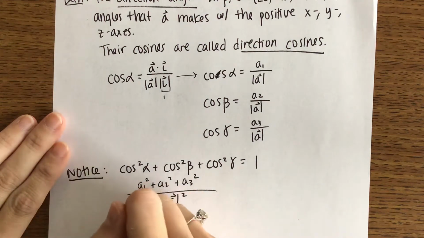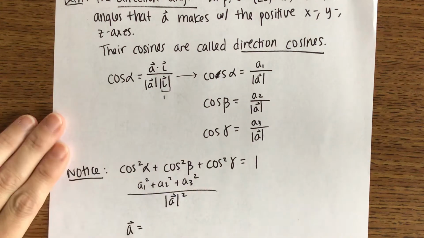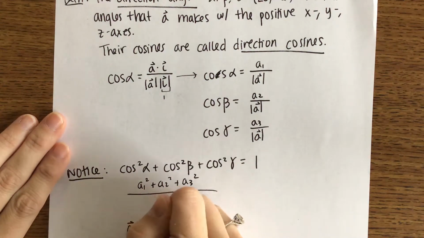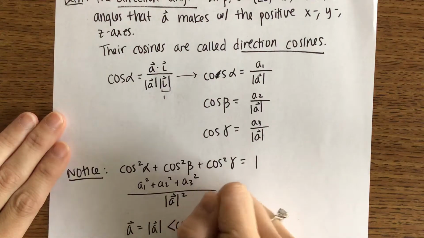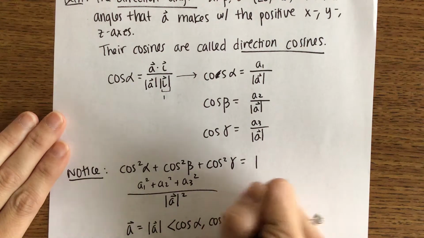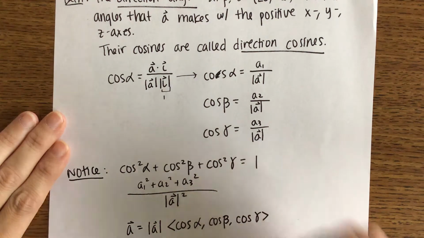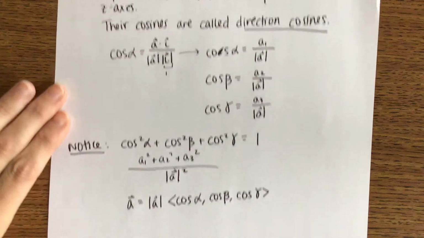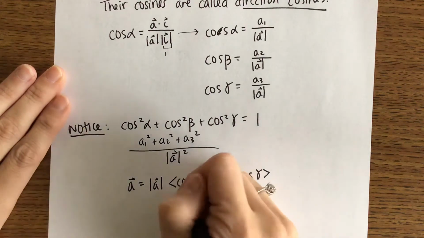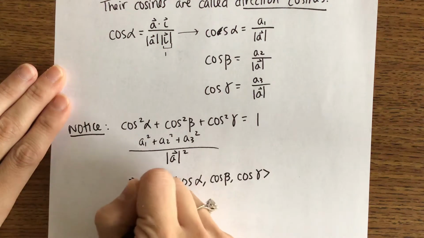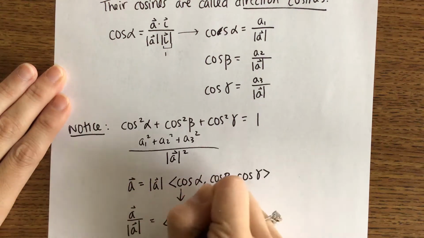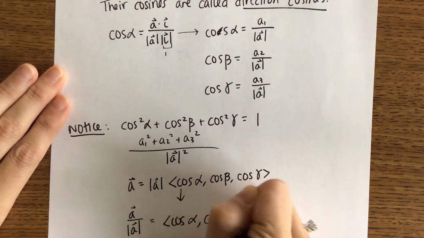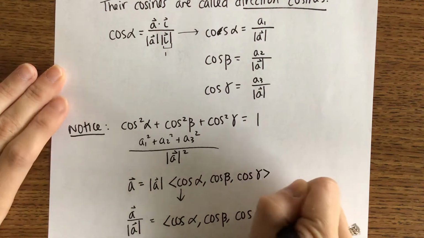The other thing I want you to notice is that another way to express vector A would be the norm of A multiplied by the vector cosine of alpha, cosine of beta, cosine of gamma. Or sometimes this is written as A divided by the norm of A is equal to cosine of alpha, cosine of beta, cosine of gamma.